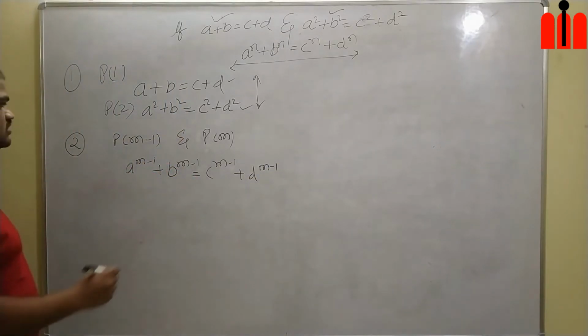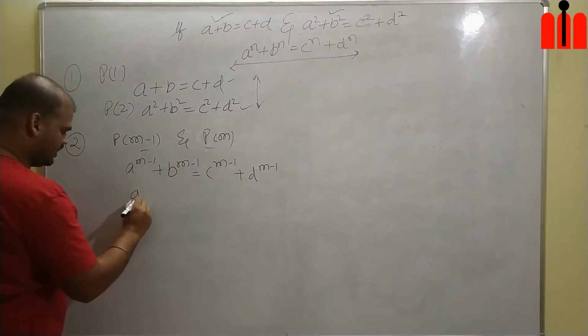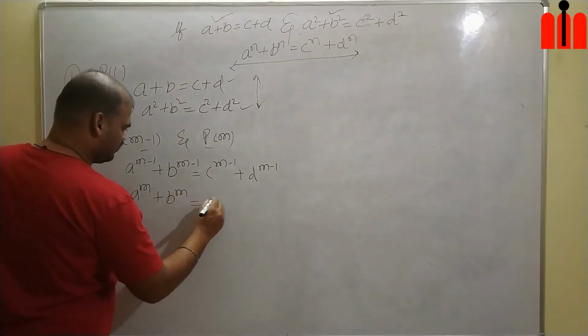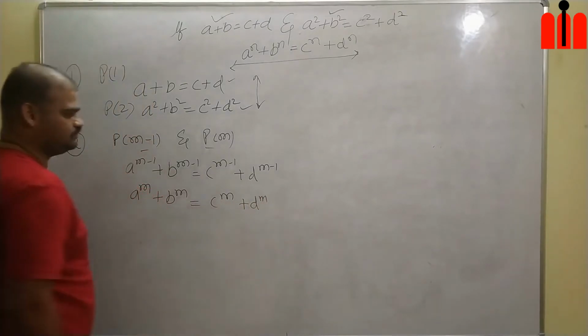And for the second, we will get a to the power of m plus b to the power of m is equal to c to the power of m plus d to the power of m.